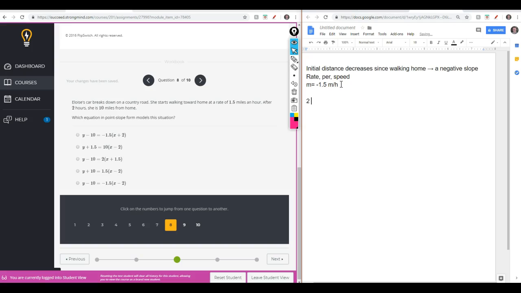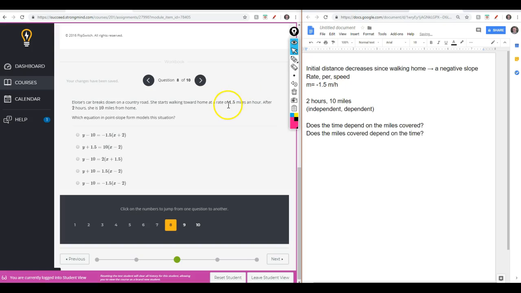The next thing I'm going to ask myself is, is there a point? So they give us that there's 2 hours and she is 10 miles away from home. So I have to know, when I'm talking about an x and a y coordinate, is the x coordinate the independent and the y coordinate the dependent. So the question I'm going to ask is, does the time depend on the miles covered, or do the miles covered depend on the time?